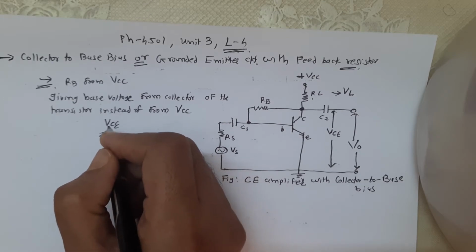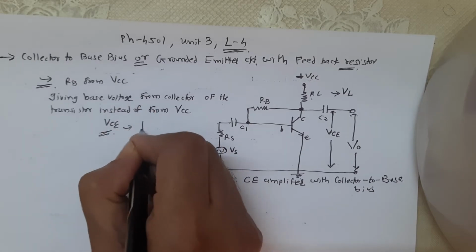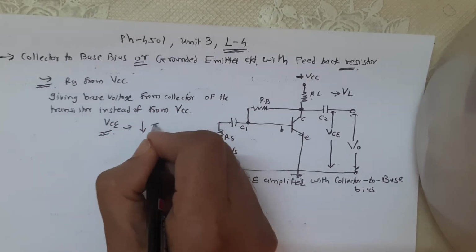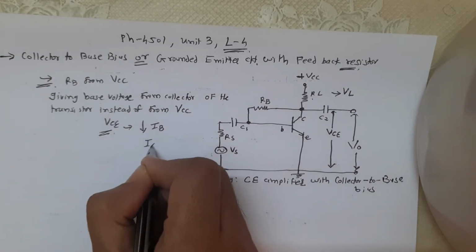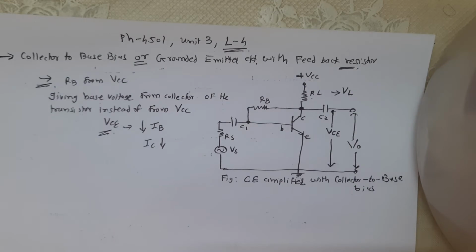The reduction in VCE will reduce the input bias current IB. So IC will decrease. The decrease in IB will try to compensate the increase in IC. Therefore, IC is controlled against temperature variations. Hence, good stability is obtained.